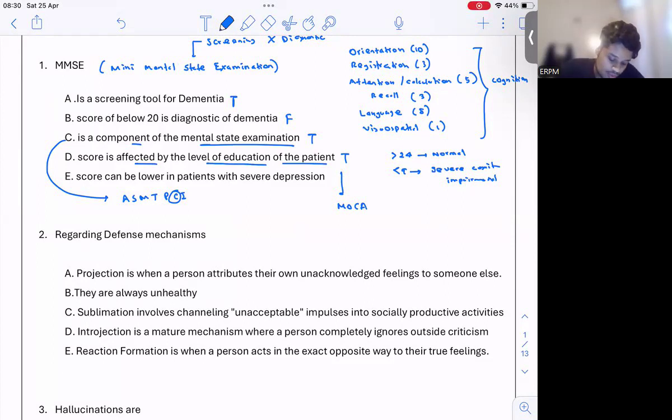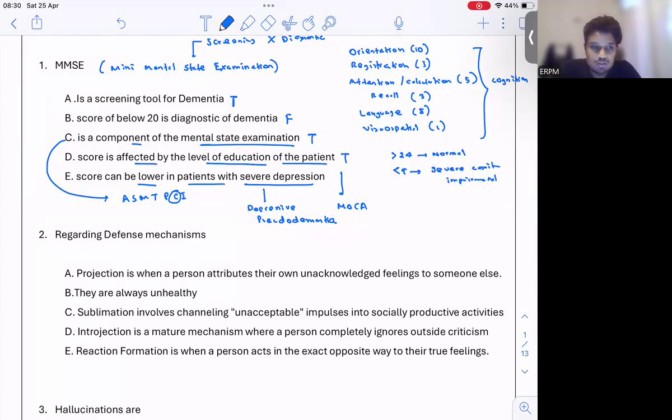Score can be lower in patients with severe depression. I mentioned this earlier. So what is the condition in depression which gives rise to low cognition? That is what we call depressive pseudodementia. Here it's not actually a form of dementia.